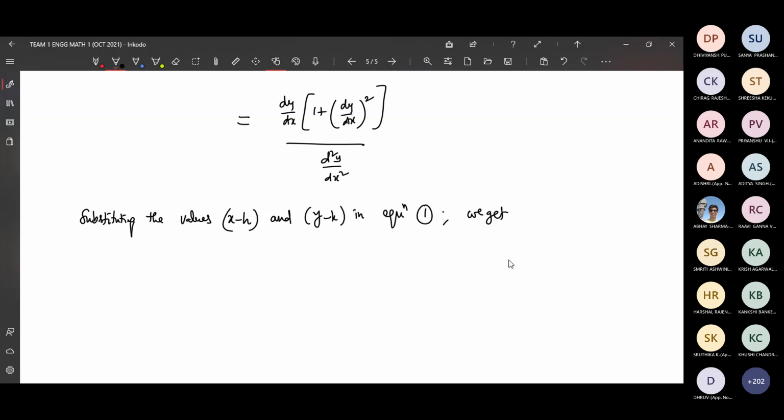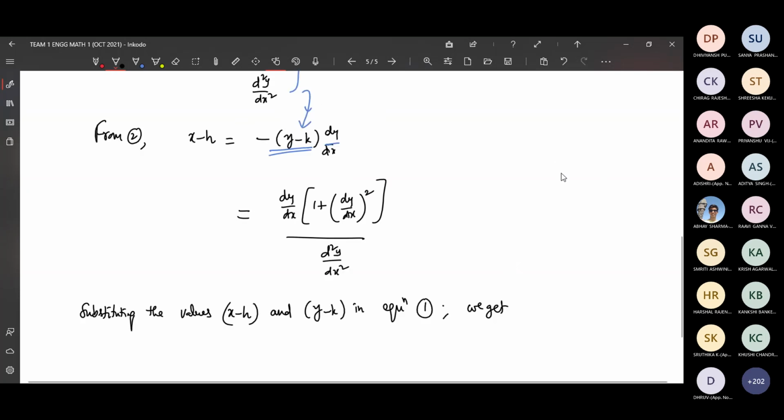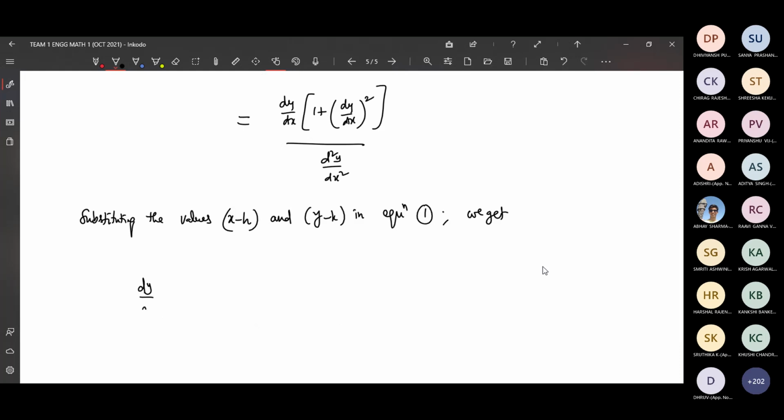So x minus h whole square, that means I have to take the square of this above term. So then dy by dx whole square into 1 plus dy by dx whole square, you will get here, because x minus h whole square divided by d square y by dx square whole square again.